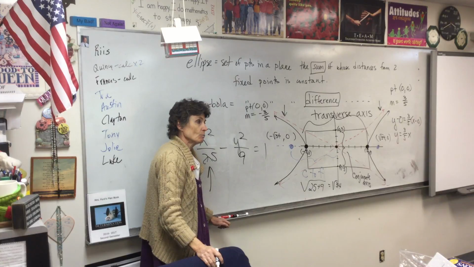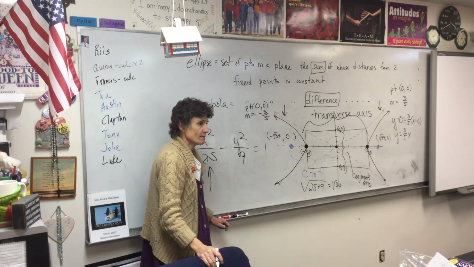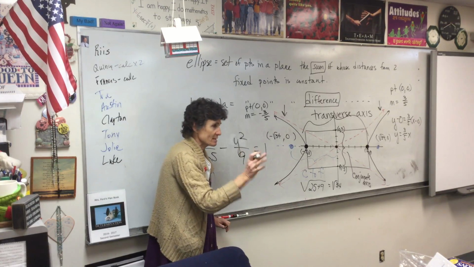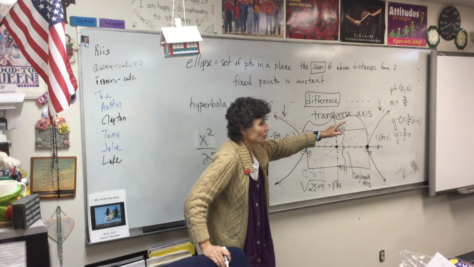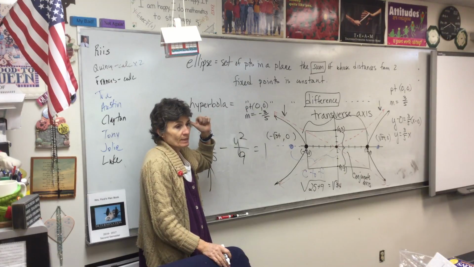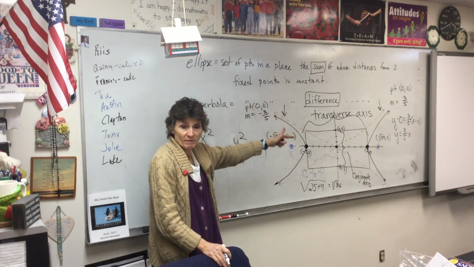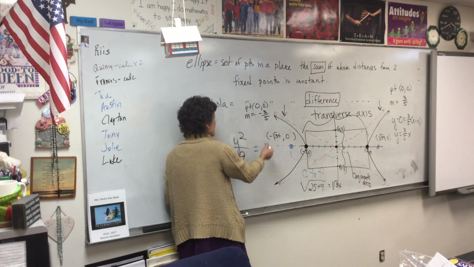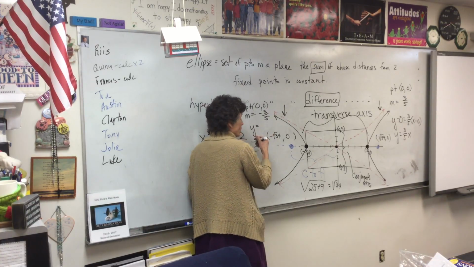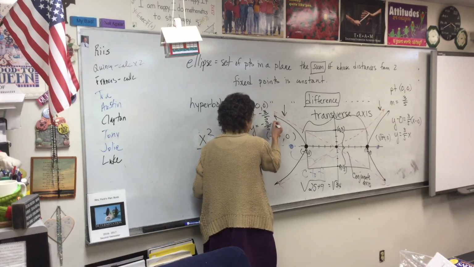In fact, won't the slopes always just be opposites of each other? Now, not opposite reciprocals. Don't get carried away. They're just opposite. One slope will be 2, and the other one will be negative 2. One slope will be 5/7. The other's negative 5/7 always. So the equation of this asymptote is y equals negative 3/5 x.